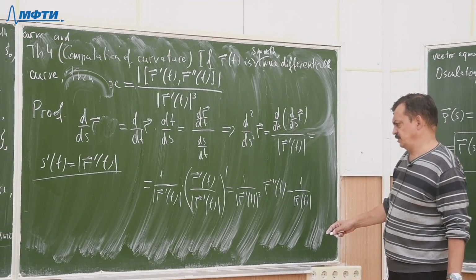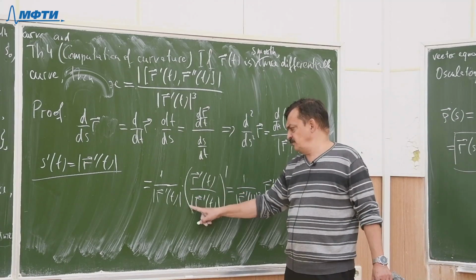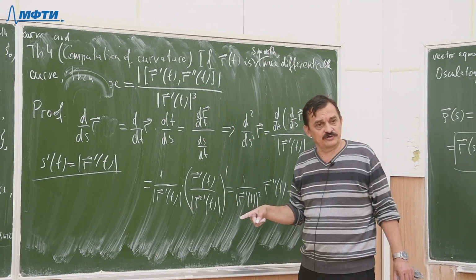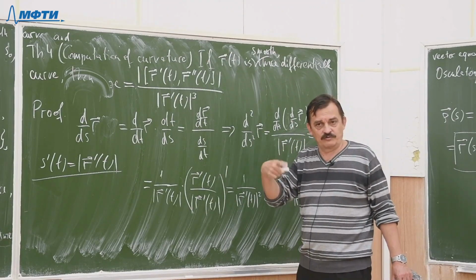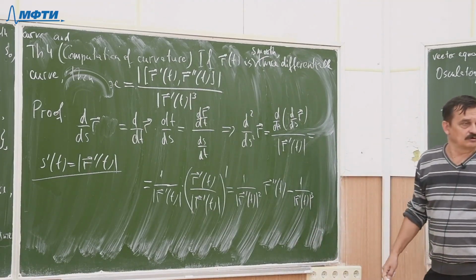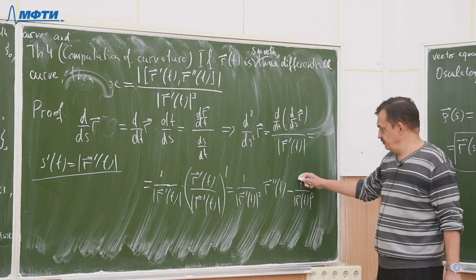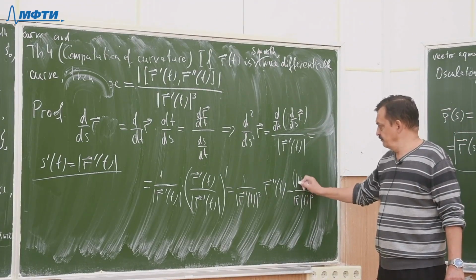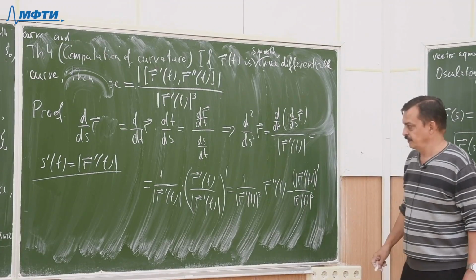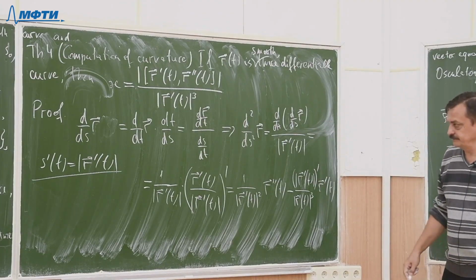In fact, we differentiate 1 over this modulus. How to differentiate 1 over this modulus? Minus 1 over squared, so altogether we have cube, then times the derivative of this modulus, right, times r prime of t.